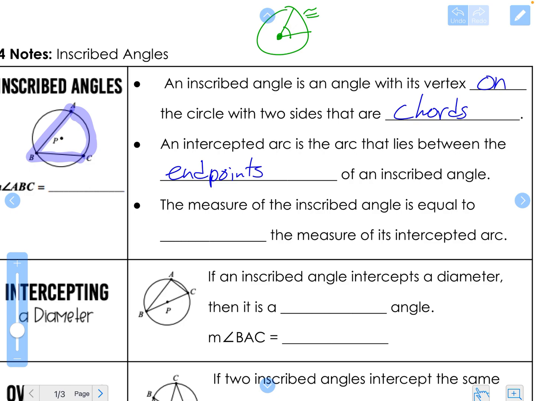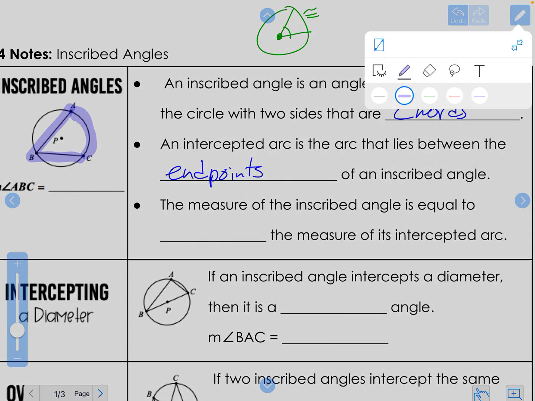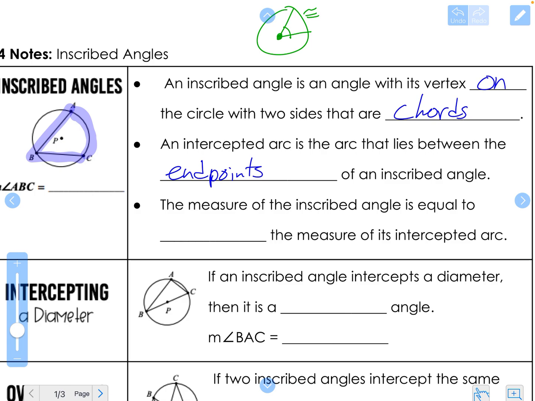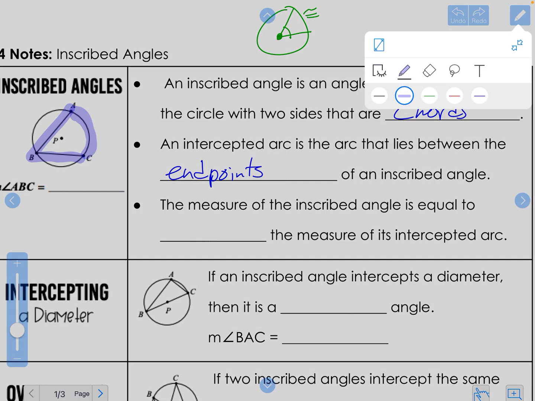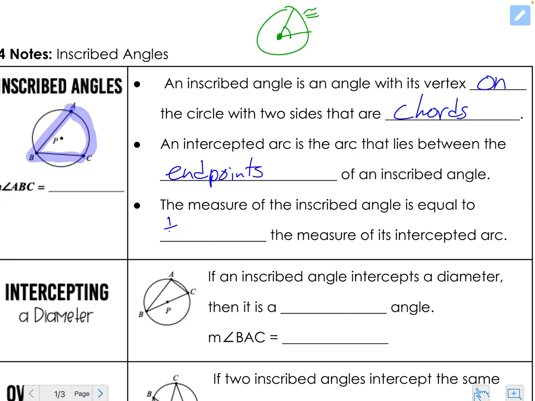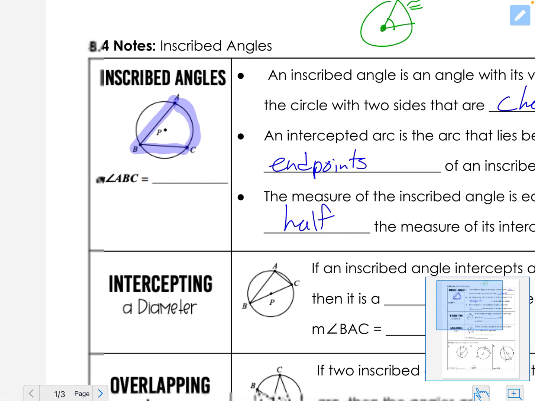The measure of the inscribed angle is equal to half the measure of its intercepted arc. We can actually write the word half there. If we were to turn this into an equation, we can write it one of 2 ways.